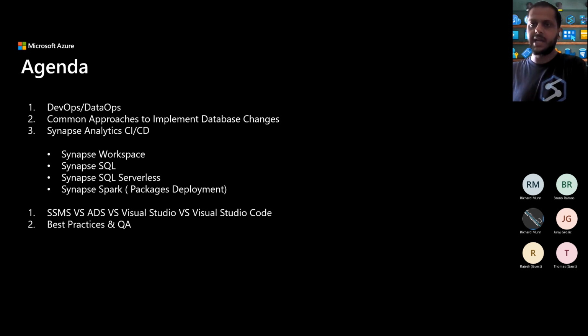Synapse is a service or technology stack that provides the capability to do different things, not only for the warehouse but also for big data engineering, data ingestion, and also something for visualization, right? So it encapsulates a lot of things. To do all the automation or DevOps for it, you need to adopt different approaches, right? That's why I brought this topic here.